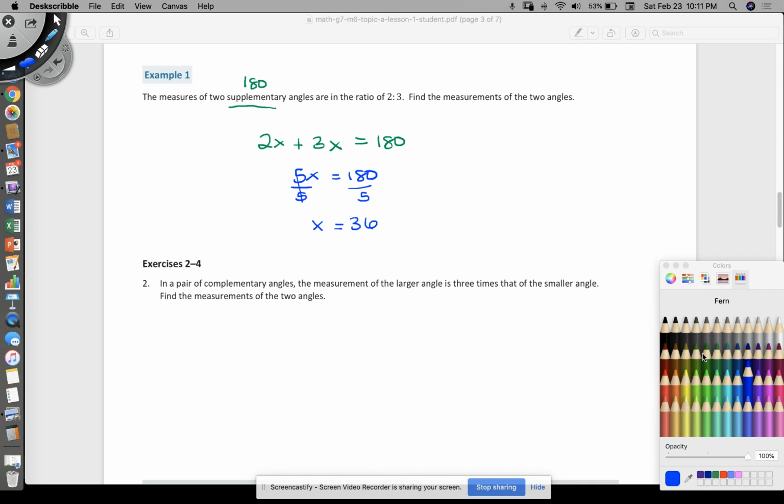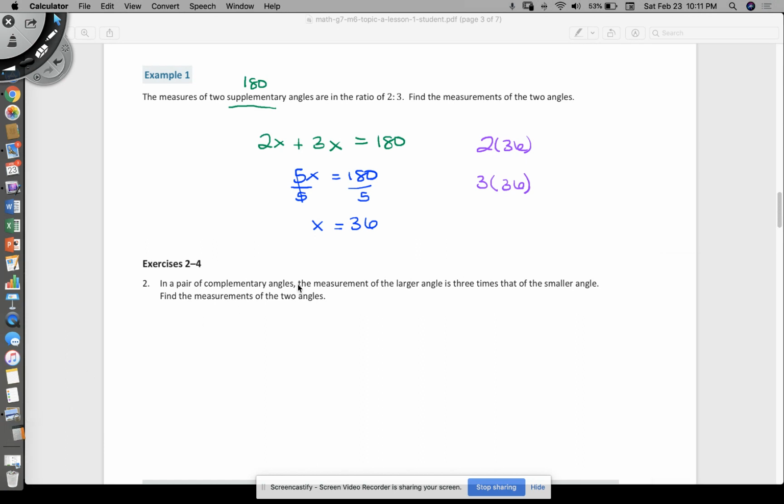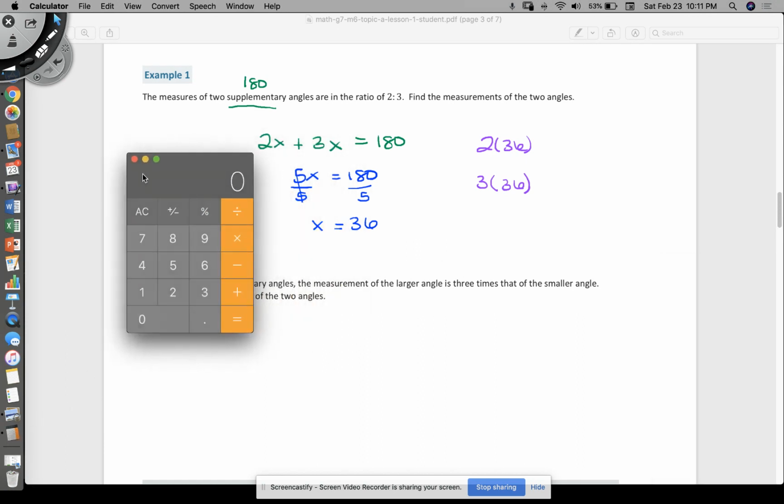Now, let's find out what those angle measures are. If I have 2x, that would be 2 times 36. And if I had 3x, I'd have 3 times 36. You can take your calculator and do the math real quick.